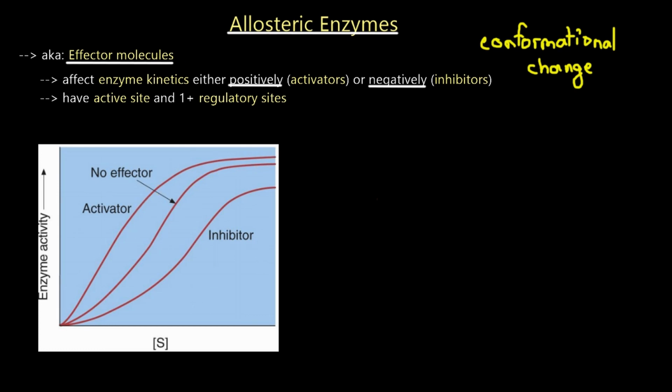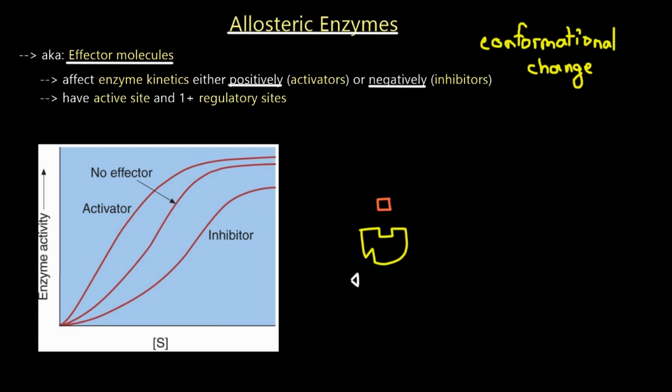Now, if we have the negative effect, which is the inhibitor binding to the regulatory site of the allosteric enzyme, what we get is a slower rate of production and the ultimate lowering of the amount of final product being produced.